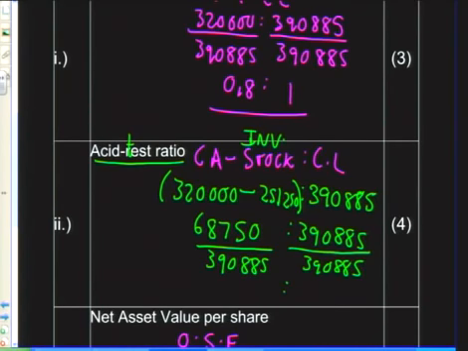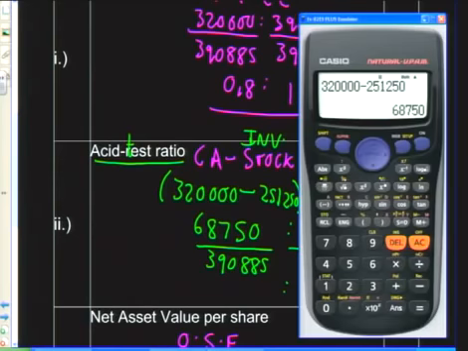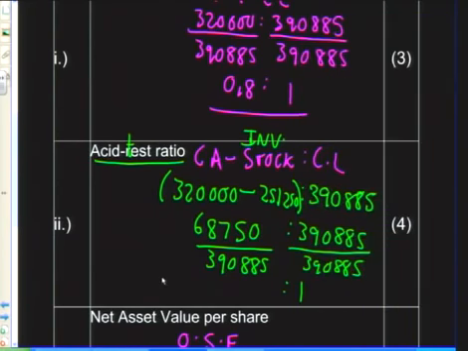Let's get the calculator out again. I've got that figure already, divided by 390,885, and I'm getting a ratio of 0.17, or if we round off, 0.2 is to 1.